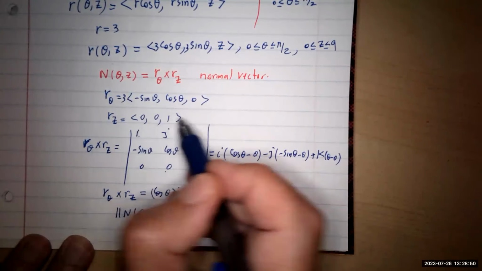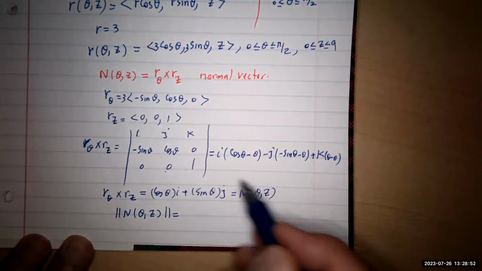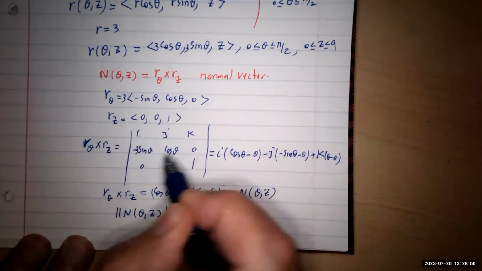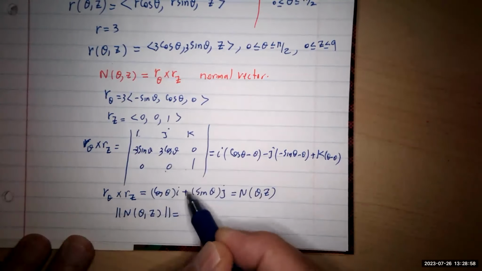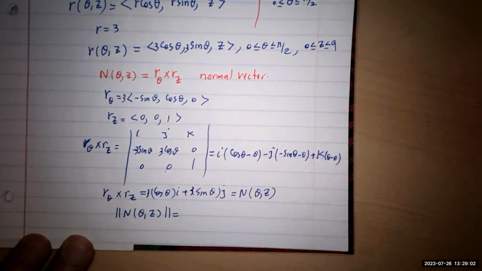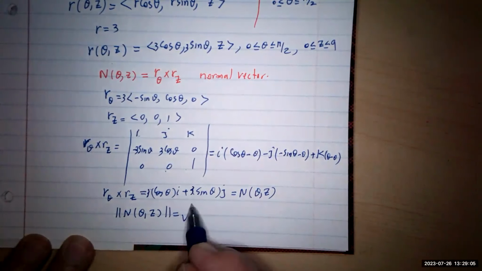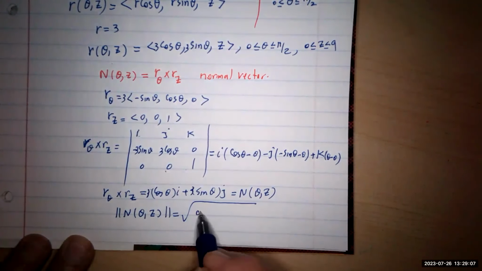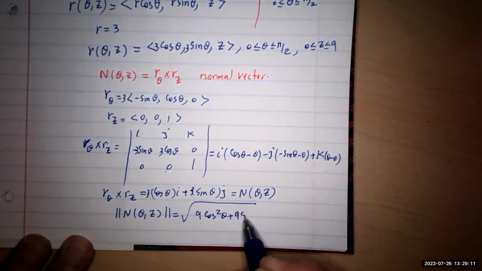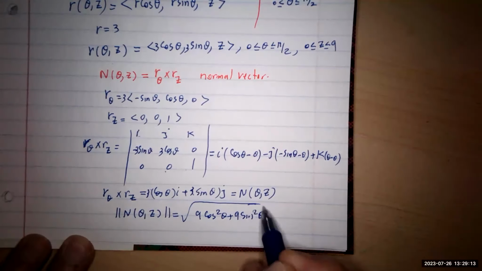So when we get the square root, it's going to be 9 cosine squared theta plus 9 sine squared theta.